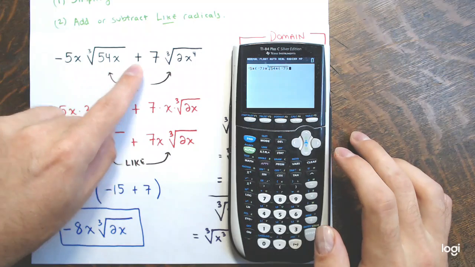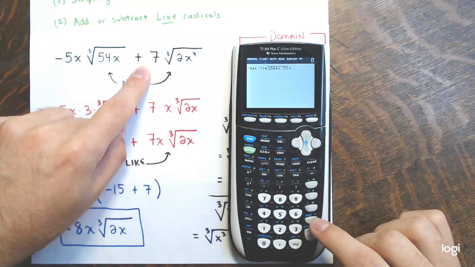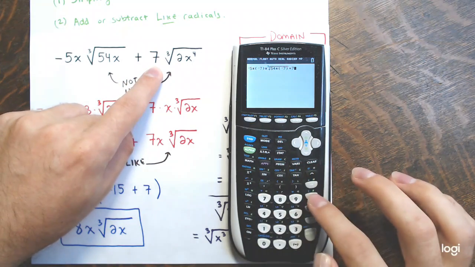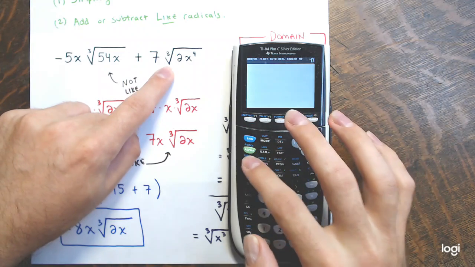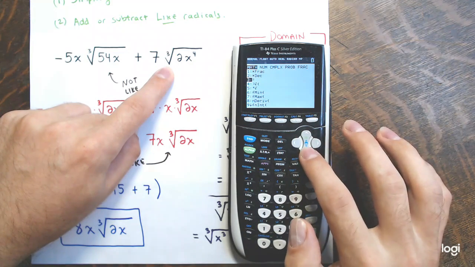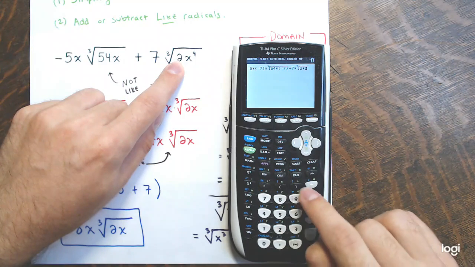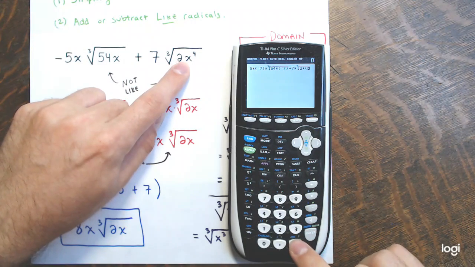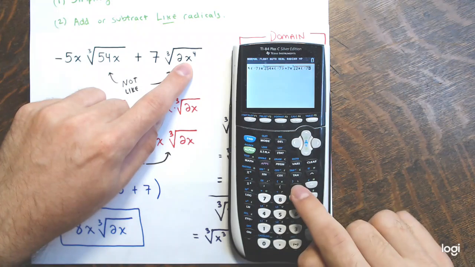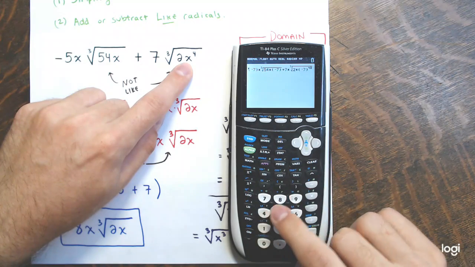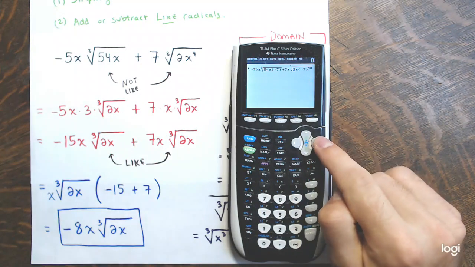That's the first term, then plus afterwards. Second term, 7 times the cube root of, and then inside the cube root 2 times, and then in parentheses, x to the fourth, negative 7 to the fourth power. All of that inside the radical.